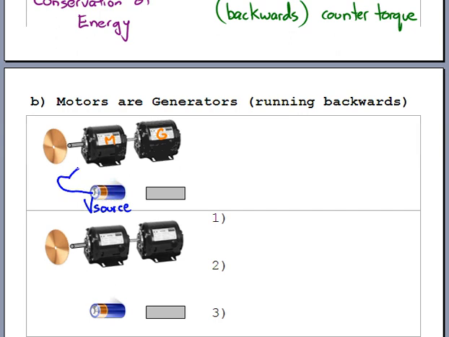I'll put a switch on it for safety so we don't have to have the motor running all the time. And then we're going to go through this little mysterious gray box back to the wall voltage. Turns out that gray box is actually going to be some generated voltage by the idea of it being a generator.